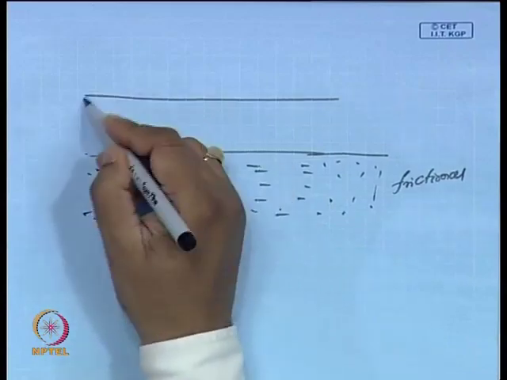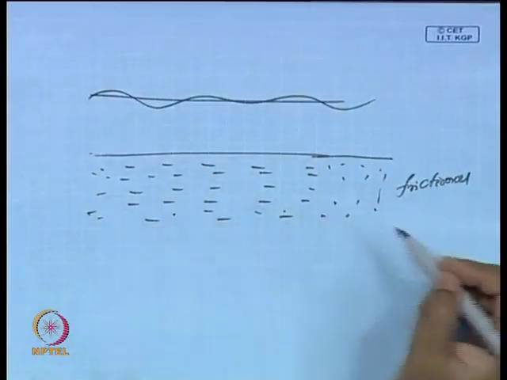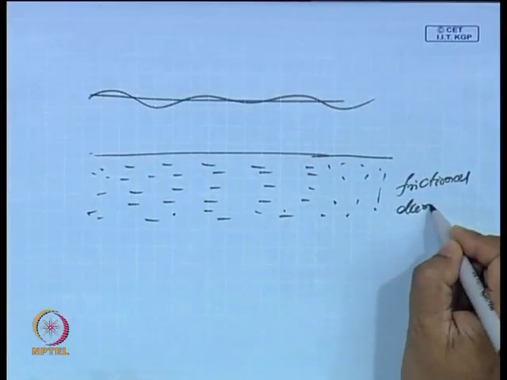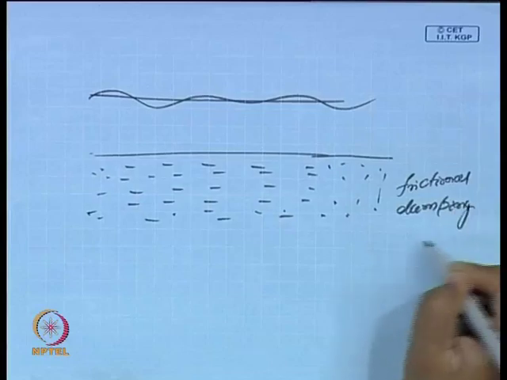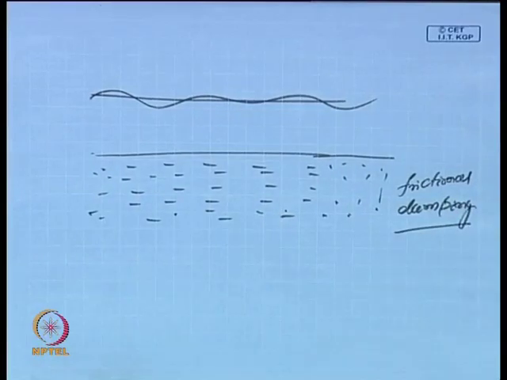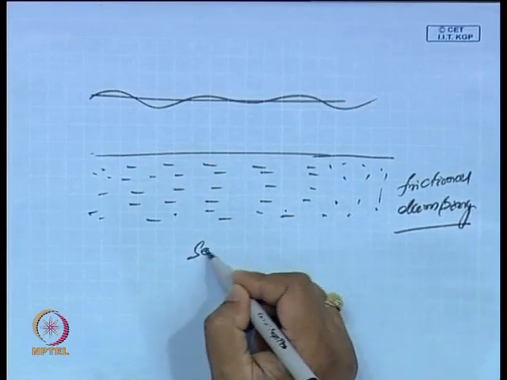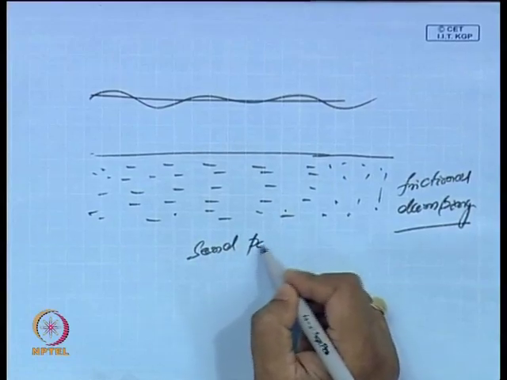If this is the wave that is propagating, then there will be frictional damping. In a sandy bed also frictional damping will take place, and because of fine pores energy dissipation will take place. This is the case of a sandy porous bed.